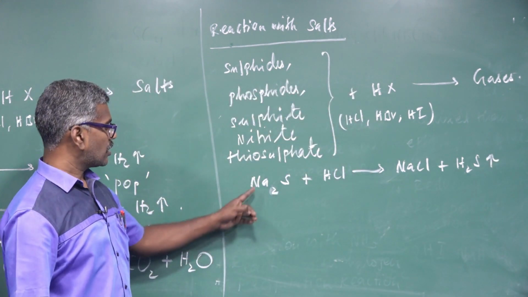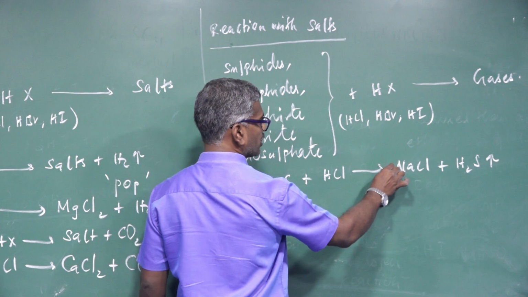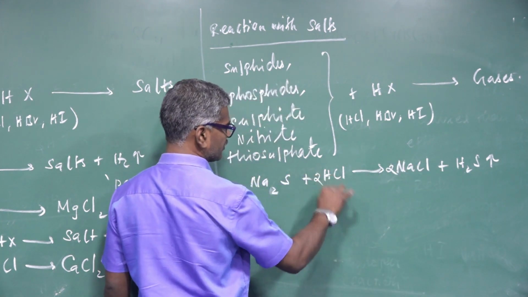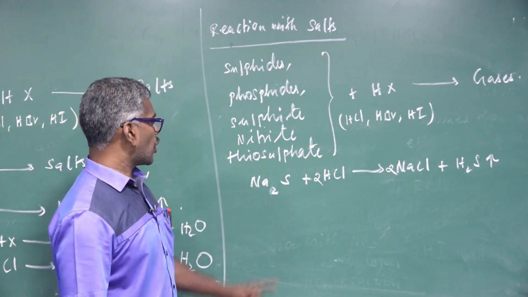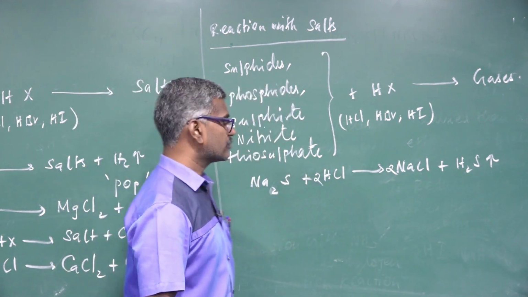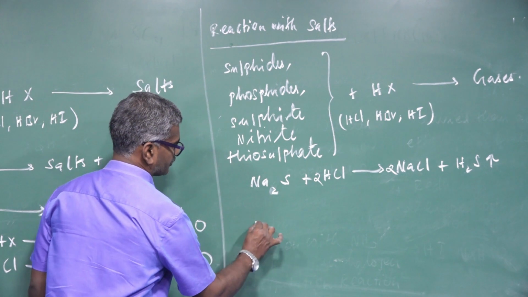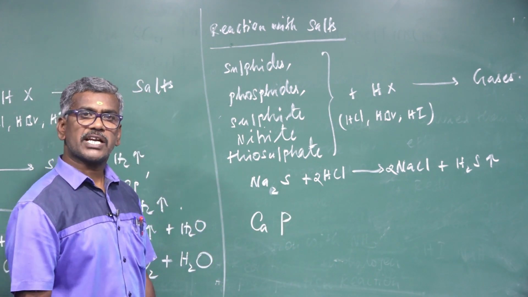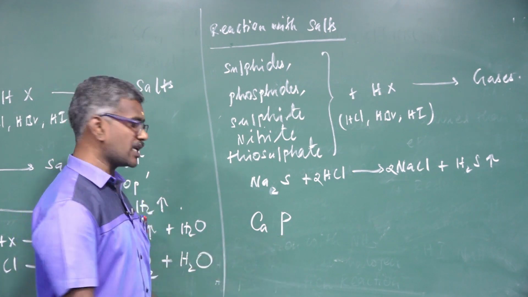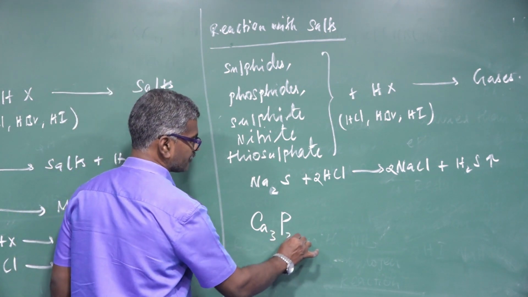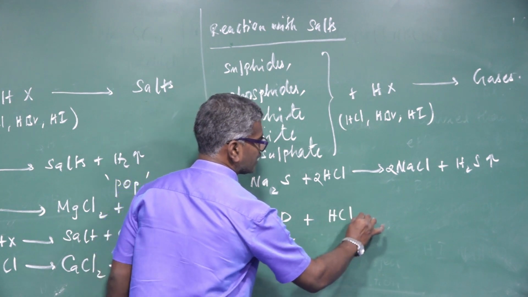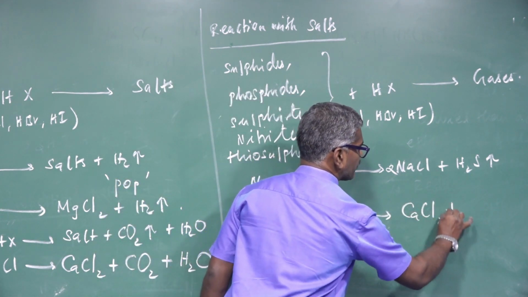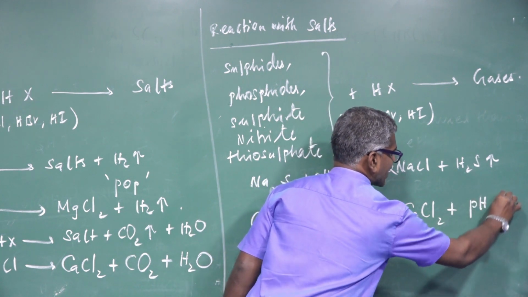Balanced equation: 2 sodium, 2 chlorine, 2 hydrogen, 1 sulfur. Another one is a phosphide. Calcium valency 2, phosphorus valency 3, so cross multiplication. It reacts with HCl to form calcium chloride plus phosphine as a gas.